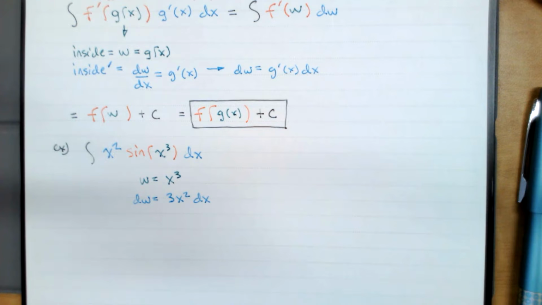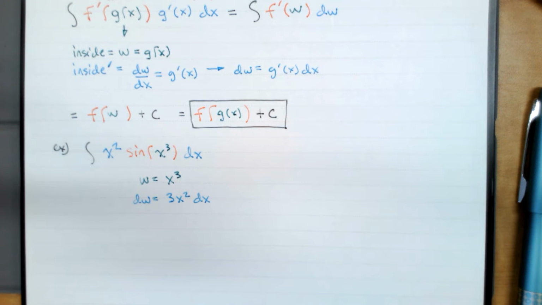I look back at my original integral, I've got an x squared dx, and that's what I need. That's the structural part of what's going on. This 3 in front of the x squared, that's a constant factor, and I can just divide that out. Here's what it looks like if you're going to try to do the problems the way that I think about the problem.